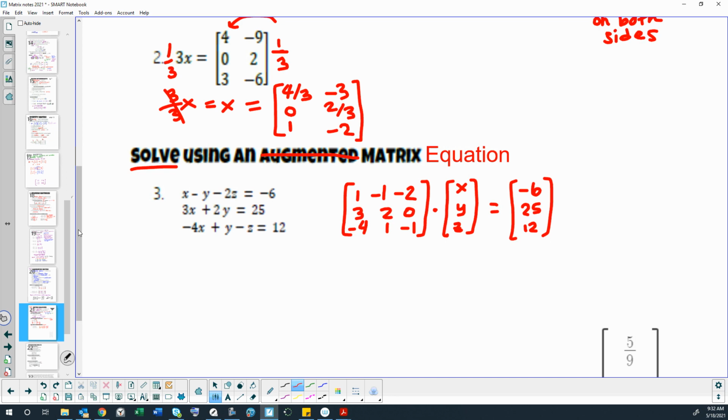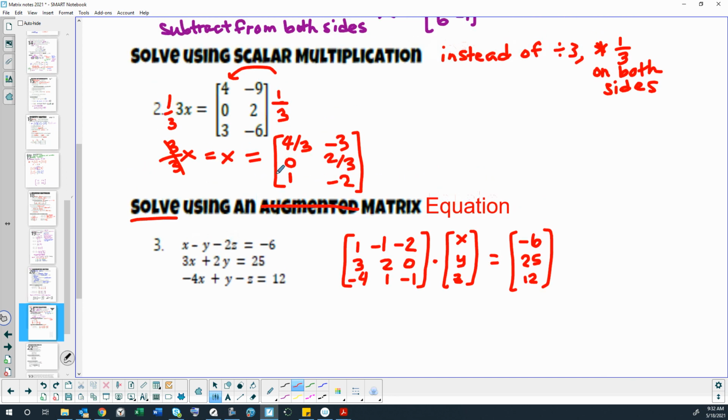So this matrix equation is a little bit like the problem we just did, except instead of one number times our missing matrix to equal another matrix, we have a whole matrix times our missing matrix to equal another matrix. So on this problem, we divided by 3, or multiplied by 1/3, but on this one, that would mean dividing an entire matrix, and we don't divide matrices. Instead, we use inverses.